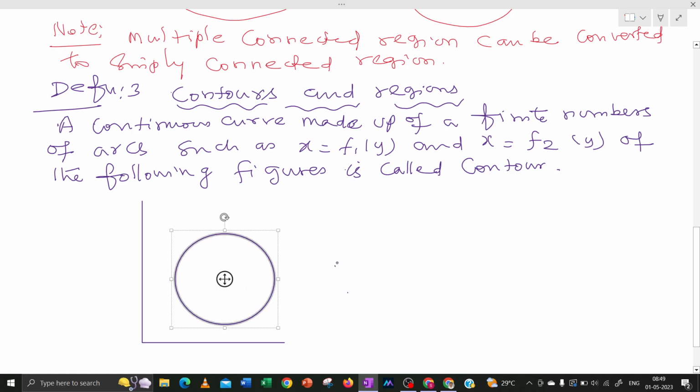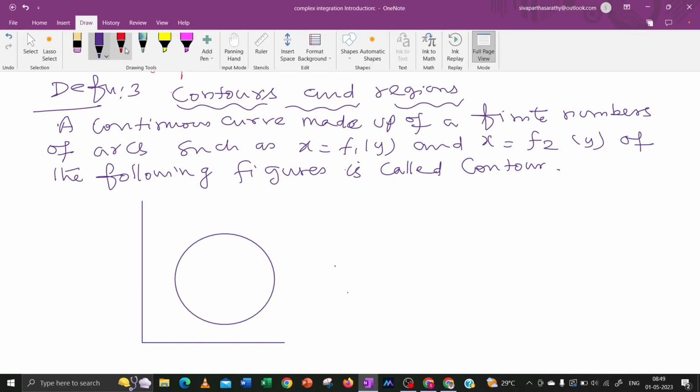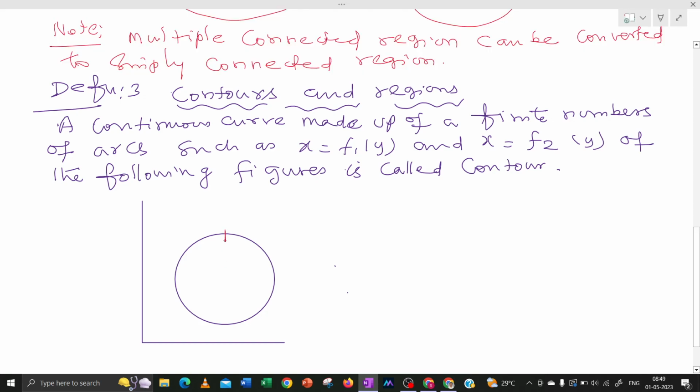In the circle, you can divide this circle into two arcs, where this is x equal to f1 of y, and x equal to f2 of y. This contour is a simple contour.